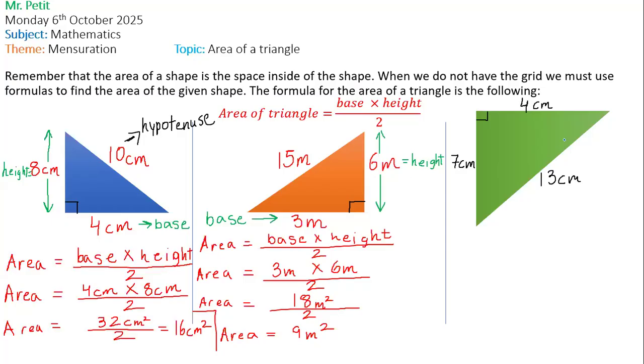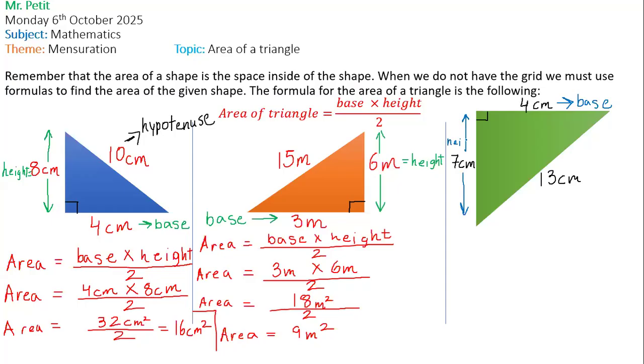The base is what? 4 centimeters. Very good. The base is 4 centimeters. What is the height? 7 centimeters. Very good. The height is 7 centimeters. This is what we're going to call the height.